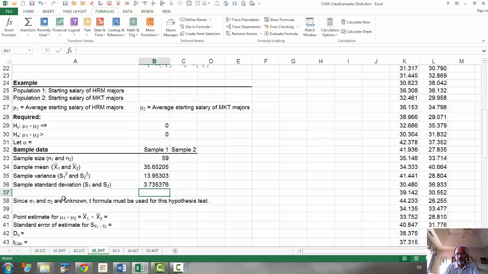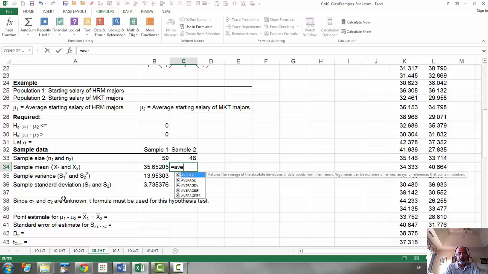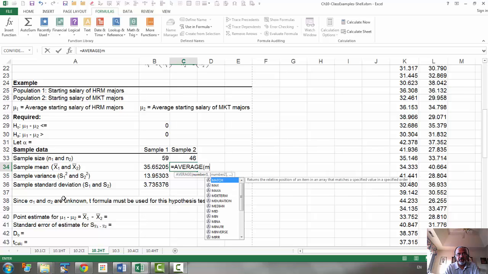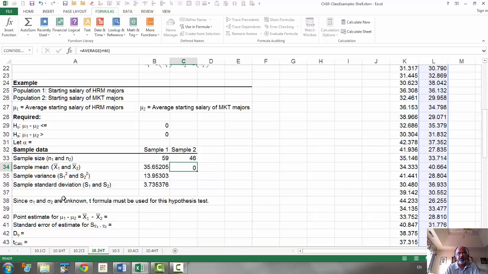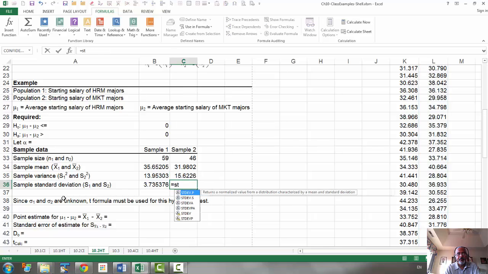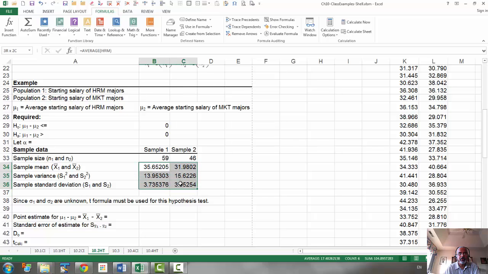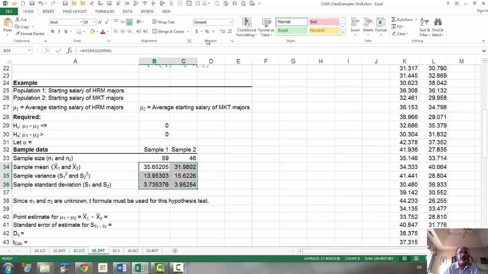Now we do the same thing for MKT: count MKT, average MKT, VAR.S MKT, STDEV.S MKT. Let's format this.